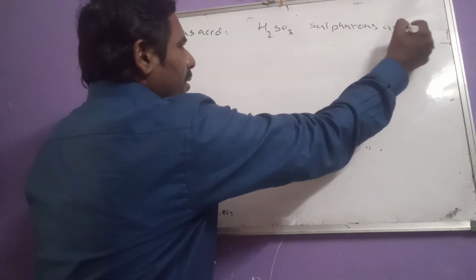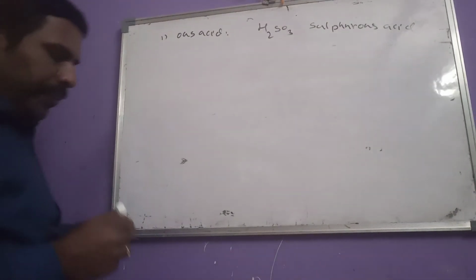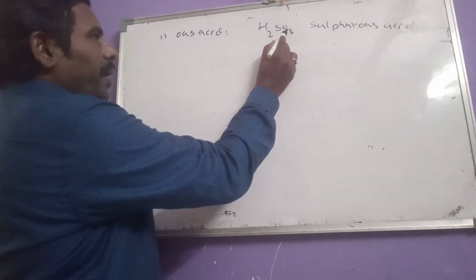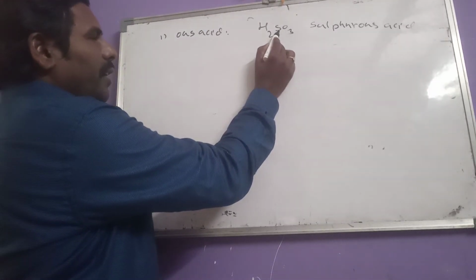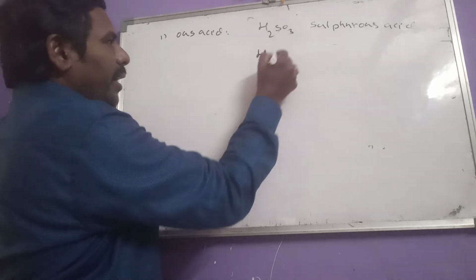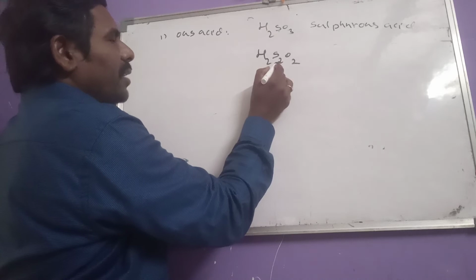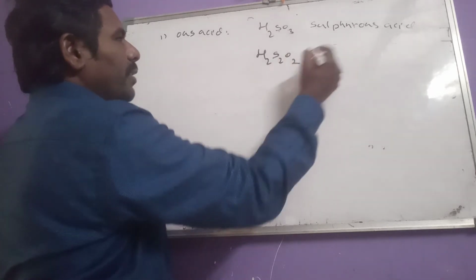Then second one is, now just replace one oxygen with sulfur. That means what we can get? H2S2O2, as extra sulfur is added to sulfurous acid.